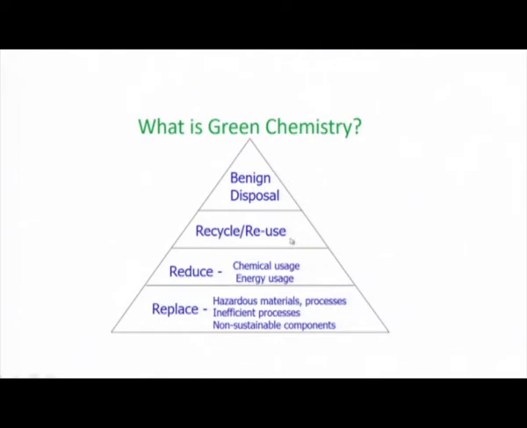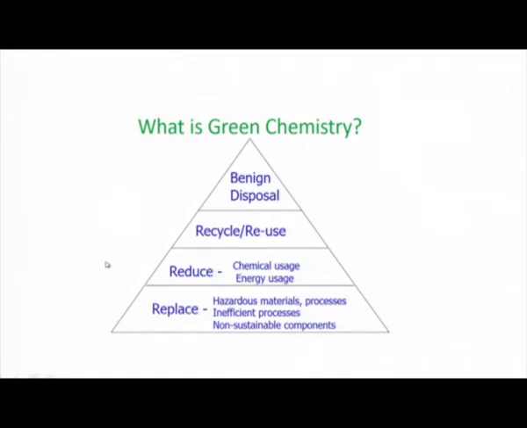That we have to find use for. So, all this 4R concept is part of green chemistry. That is why it is also known as green chemistry, sometimes referred to in literature as sustainable chemistry, because all these R concepts, replace, reduce, recycle, reuse, are part of the sustainable goal.